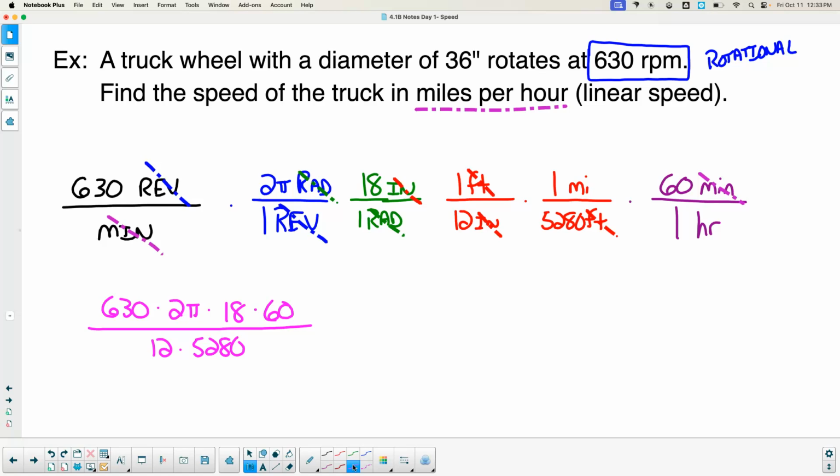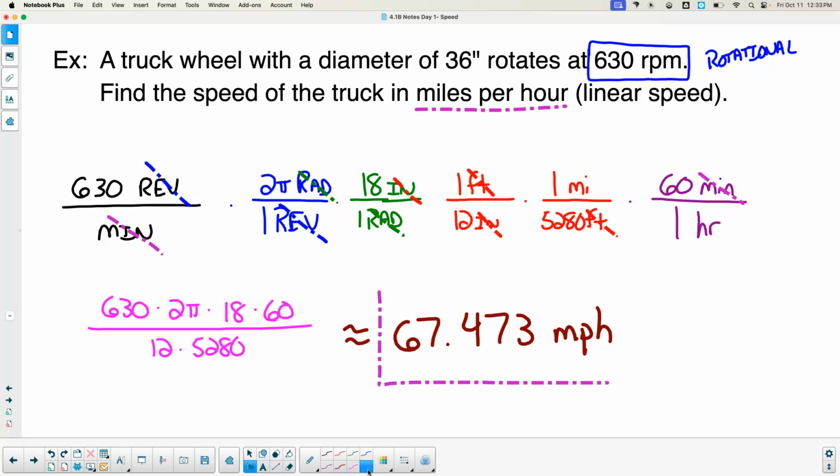No. Find me what it is. I get 67.473 miles per hour.